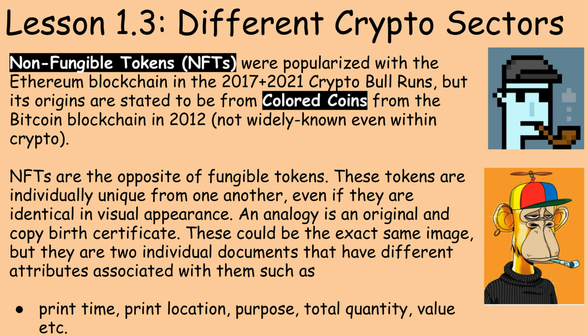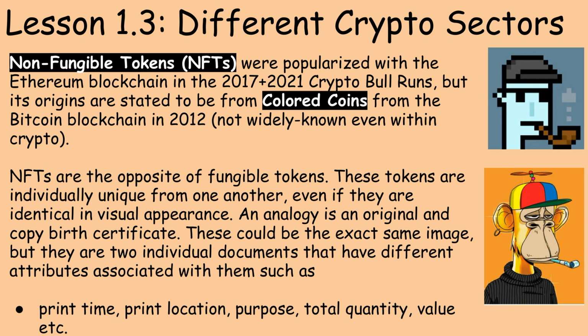Today colored coins are pretty much phased out. Today it's just NFTs, typically on the ERC standard on Ethereum, but there are multiple different blockchains that host NFTs nowadays. NFTs are the opposite of fungible tokens. These tokens are individually unique from one another, even if they are identical in visual appearance.